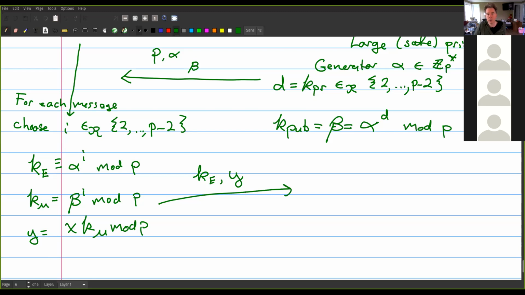Notice that this expands the amount of data that Alice has to transmit by a factor of 2, because the ephemeral key is about the same number of bits as the message.